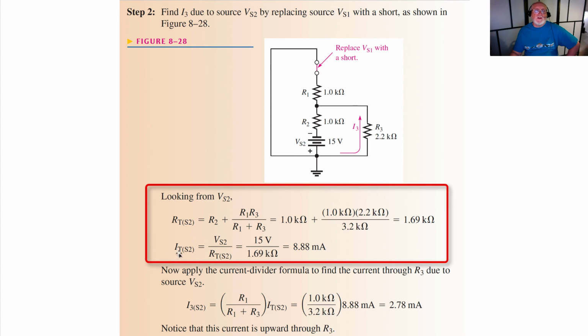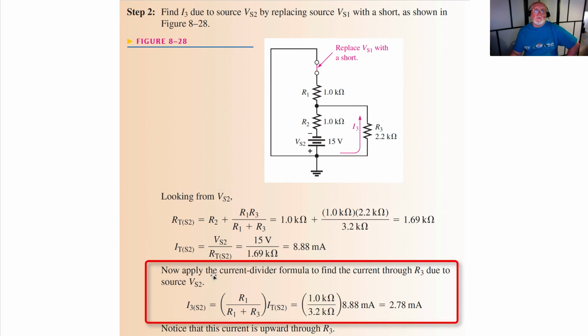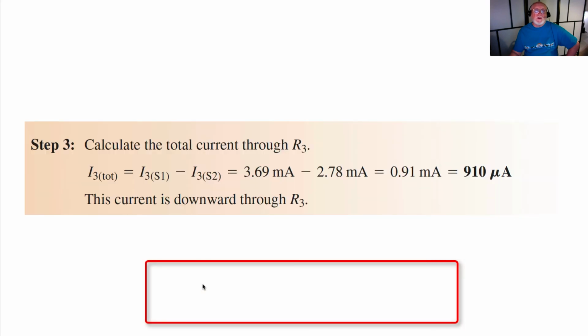Now we can find the total current of source 2 as V source 2 divided by R total source 2. That's a 15 volt source divided by 1.69 k ohms, or 8.88 milliamps. Now we apply the current divider rule to find the current through R3 due to source 2.